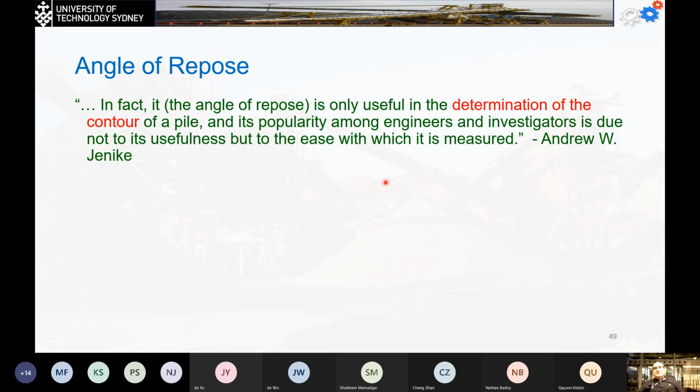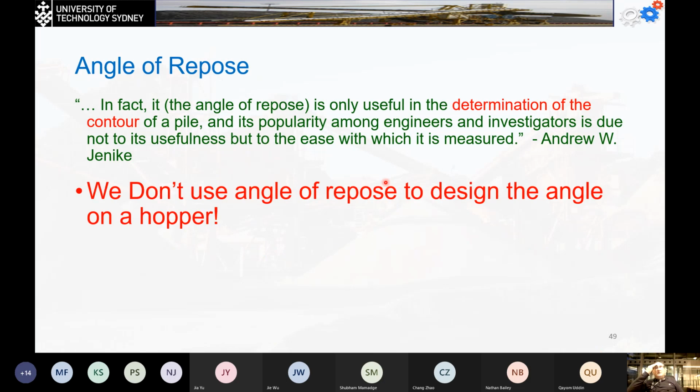He described that it's easy to be measured. So we had, for example, at the beginning, the assumption that the angle of the hopper should be more than the angle of repose of this material. This can be a good indicator, but it's not going to be a useful design procedure. So we don't use the angle of repose to design the angle of the hopper.